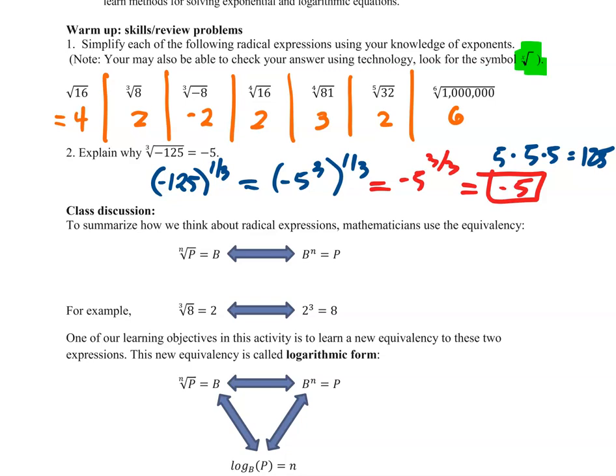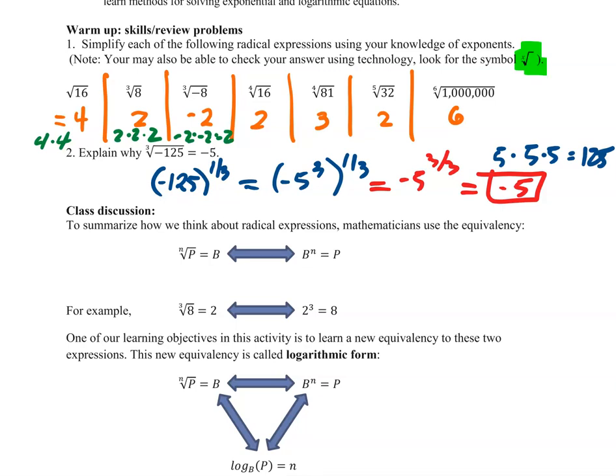Okay, so same thing with all of these examples here, like the square root of 16. That is because 4 times 4 is 16. For the cube root of 8, that is 2 times 2 times 2, which is positive 8. For the cube root of negative 8, that is negative 2 times negative 2 times negative 2, which is negative 8. Same thing with the fourth root of 16: 2 times 2 times 2 times 2 is 16.